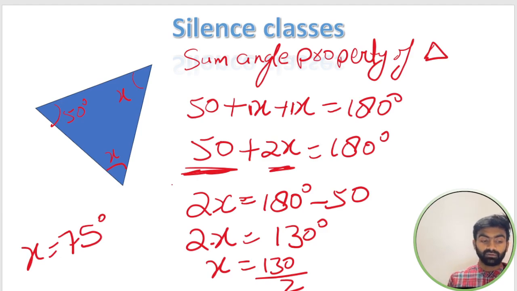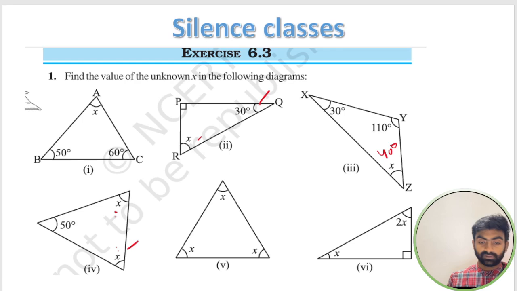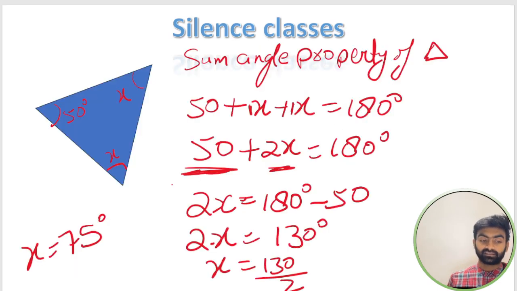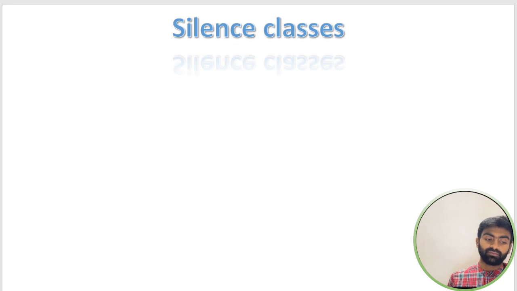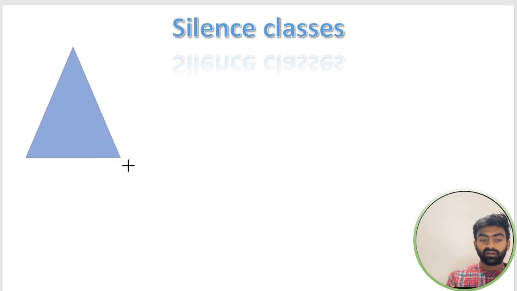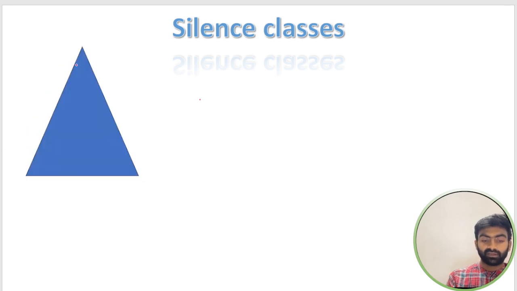Okay, now let's move to question number 5. All the three are x, so this is also very easy. Okay, all are x, like this we can write it down. This one is also x, this one is also x, this one is also x.